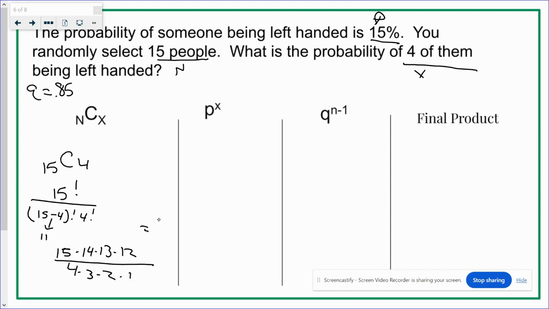So on the bottom, we would have 24. On the top, 15 times 14 times 13 times 12. 32,760 divided by 24. 1,365. All right.